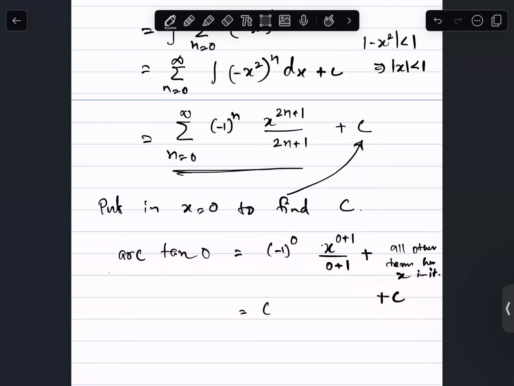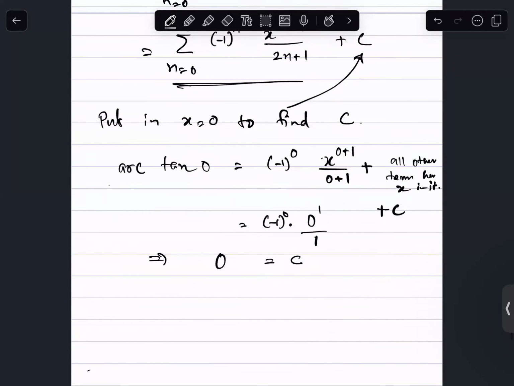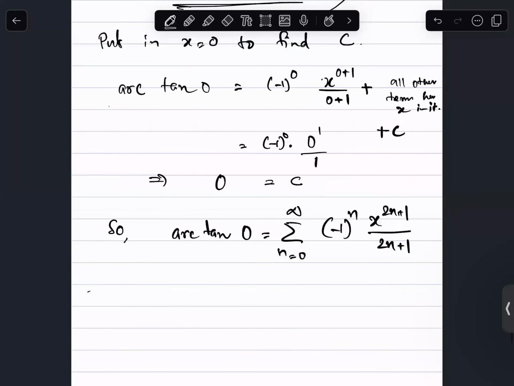So this is (-1) to the 0 times 0 to the 1 over 1. So I have c on the right hand side. On the left hand side, arctan of 0 is 0 again. So c is 0, and my arctan x will be just the summation n equal to 0 to infinity of (-1) to the n x to the 2n plus 1 over 2n plus 1. That's it. But this is valid only for modulus of x less than 1.